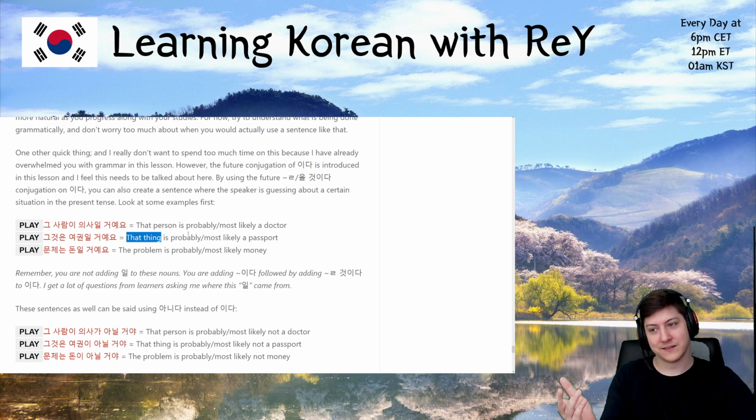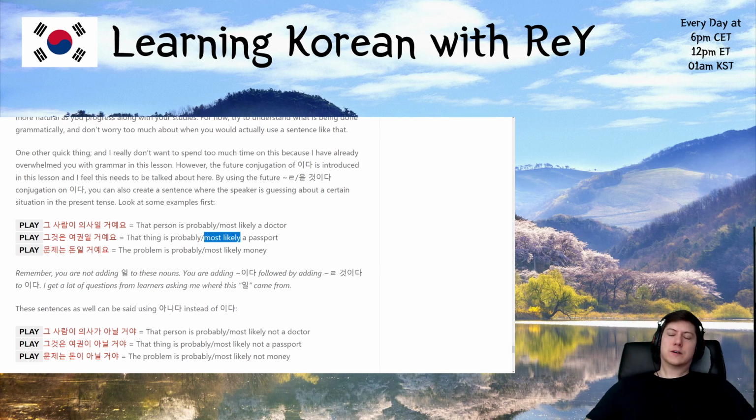Or in this case, that is probably most likely a passport. Okay, so the future form and the probably most likely is the same. Like, how can you differentiate between those?